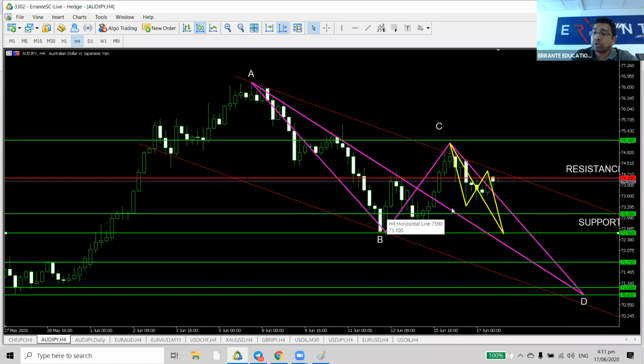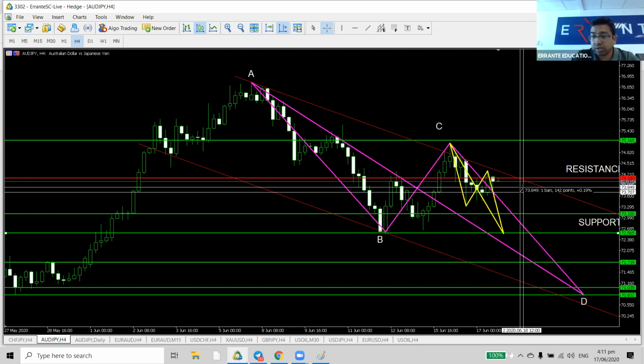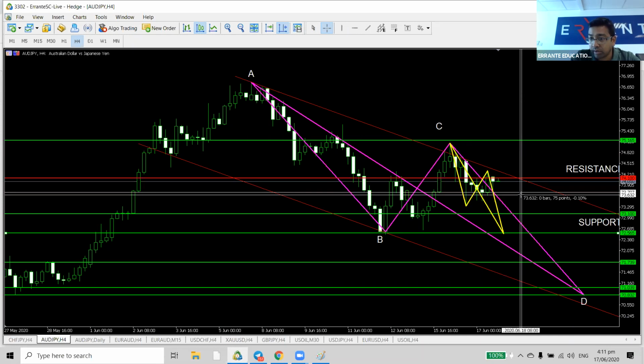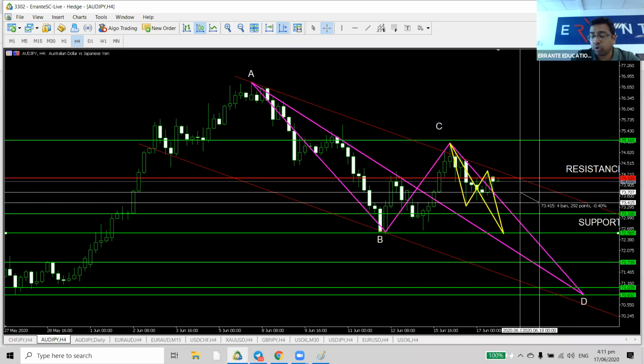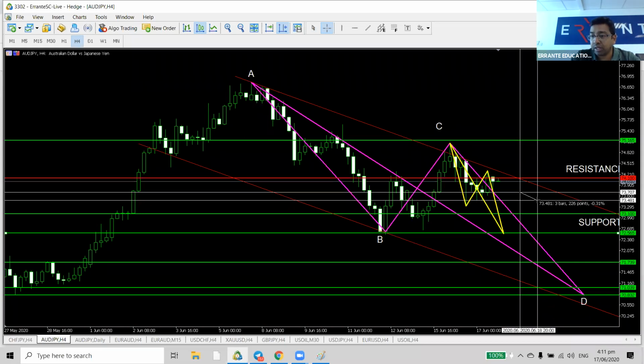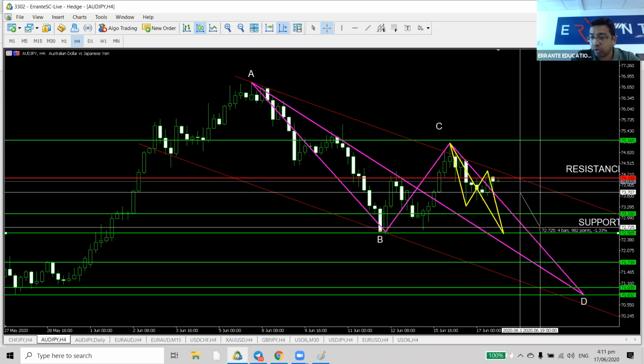So if you were to follow this yellow pattern, another signal for you for a sell for AUD is to sell at 73.70, enter at 73.70, and then take profit at 72.60, go down a little bit more.